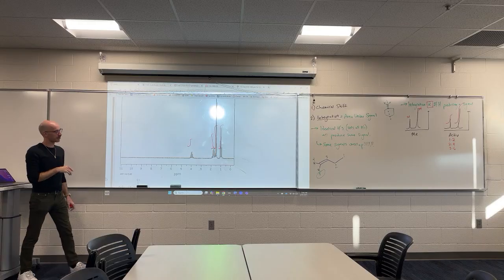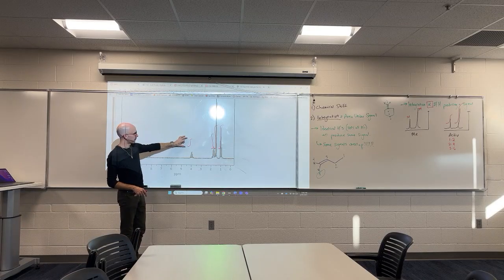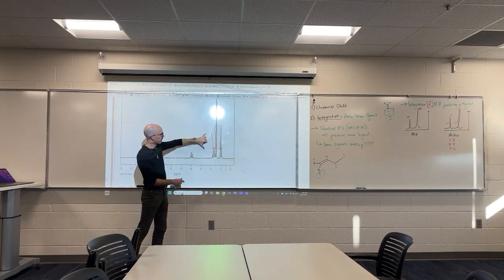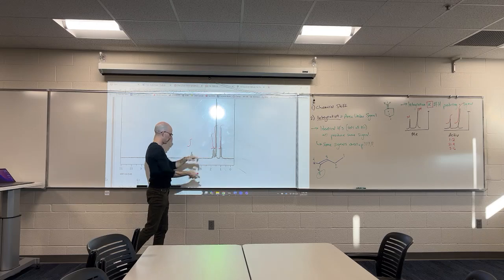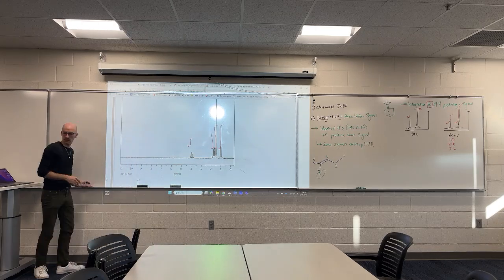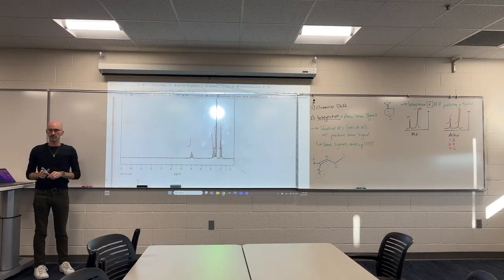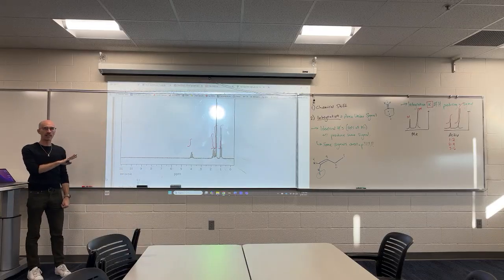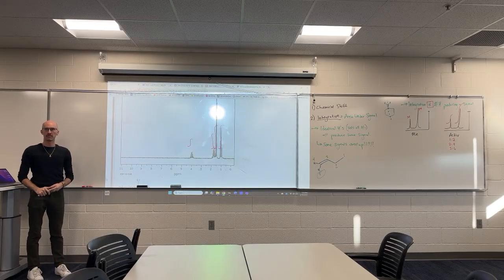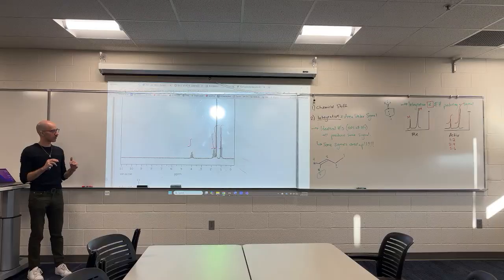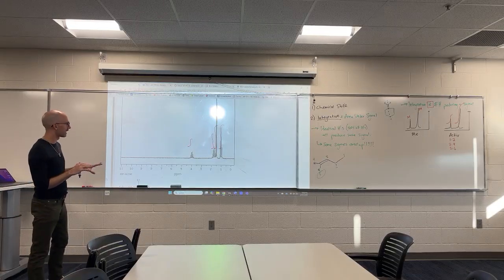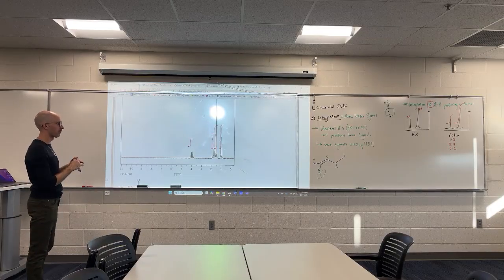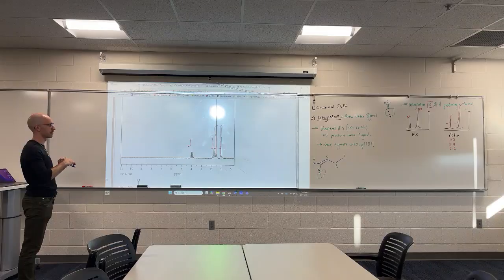I know that's not incredibly clear, but see there's 4 signals. This one, these 2. As you think about what the possible ratios could be, consider their relative heights. Which of them look twice as tall as the others? Which of them look 3 times as tall as the others?